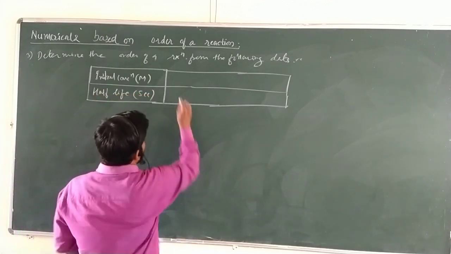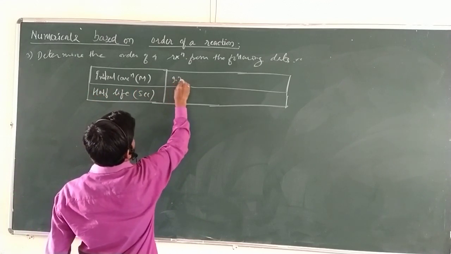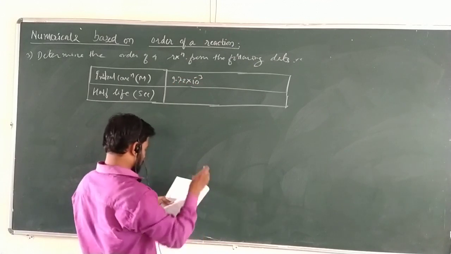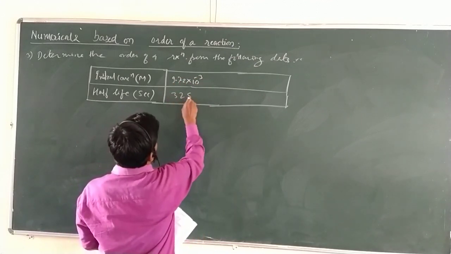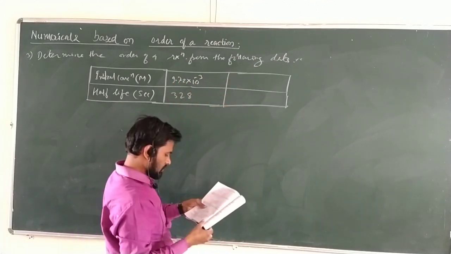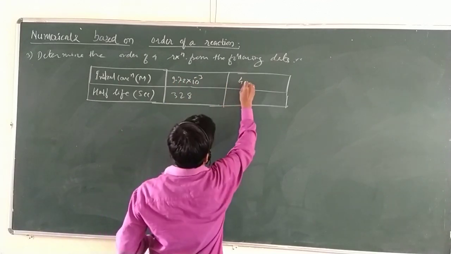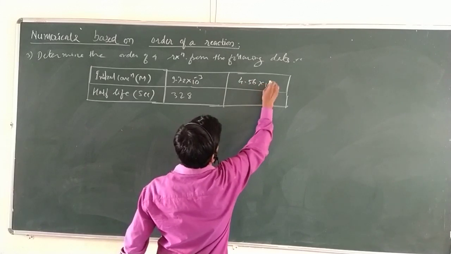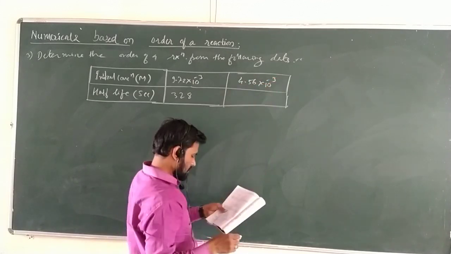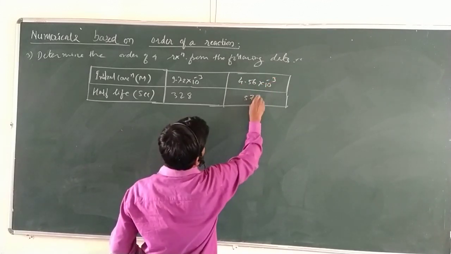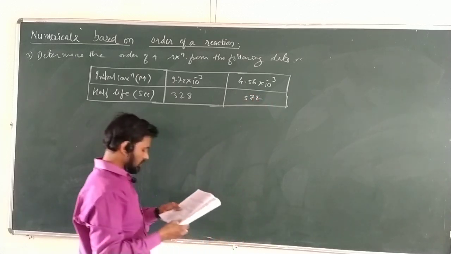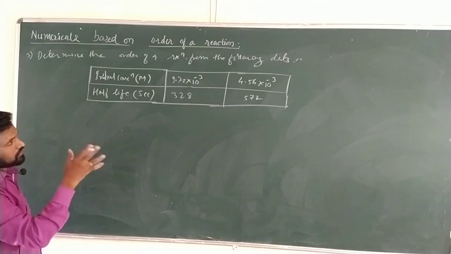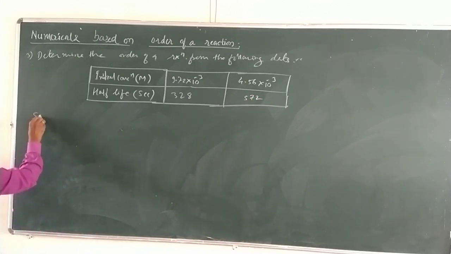Okay, how much? 9.72 into 10 raised to minus 3 molar, 328 seconds, and 4.56 into 10 raised to minus 3 molar, the time is 572 seconds. Okay, find the order of the reaction. Determine the order of the reaction from the following data. Okay, now this is the solution.